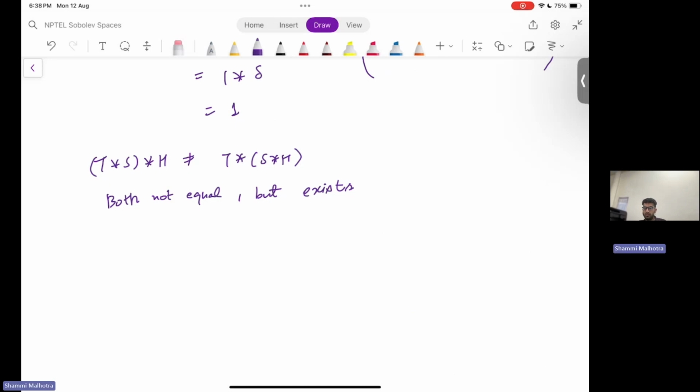So it's not the case that if T convolution S is not defined, that implies that T dash convolution S or T convolution S dash is not well defined. We do have cases like this.